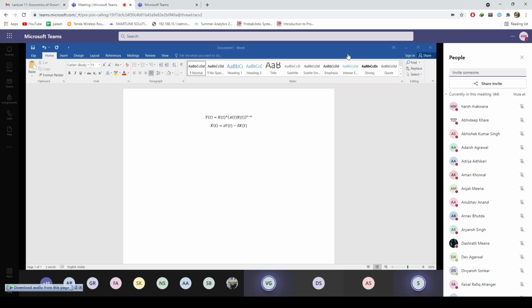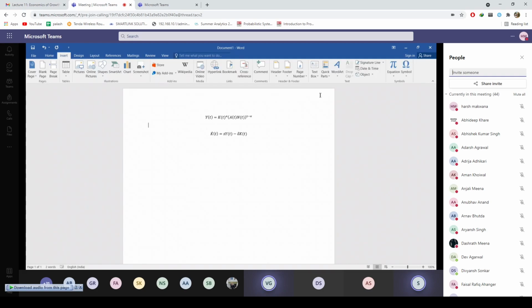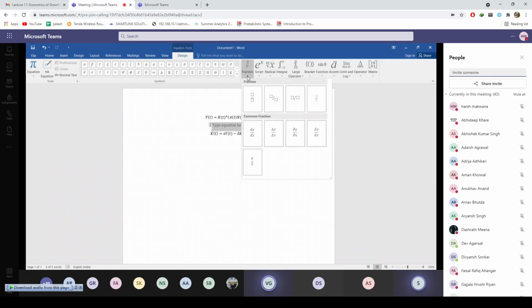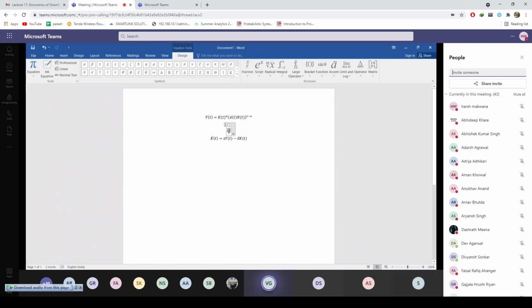Show me, from this equation, how do you calculate this Y dot by Y, that is capital Y dot by capital Y? Calculate that and tell me what is the result. And obviously along the balanced growth path, what is this equal to?